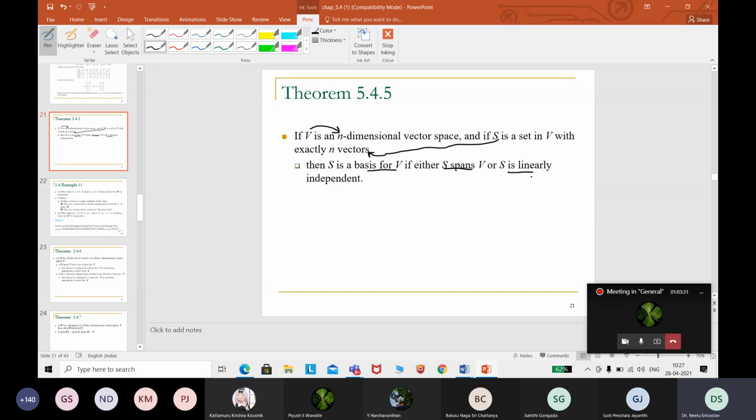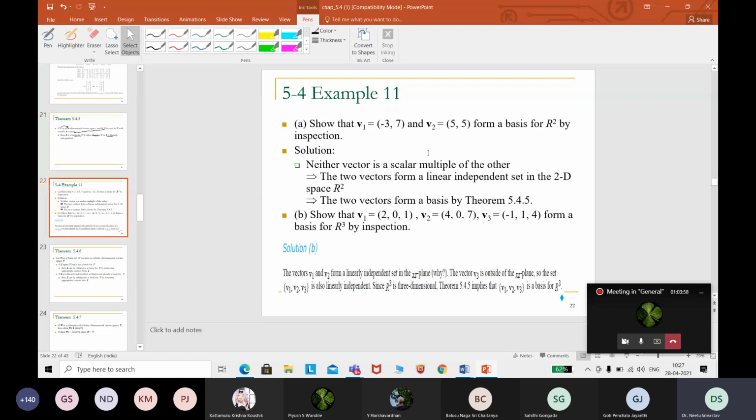So if any of these conditions is satisfied, then you can say that S will be a basis. So the condition is S is a set in V with exactly n vectors. It can be the basis if either S will span V or it is linearly independent. This is something which you have to do by inspection.